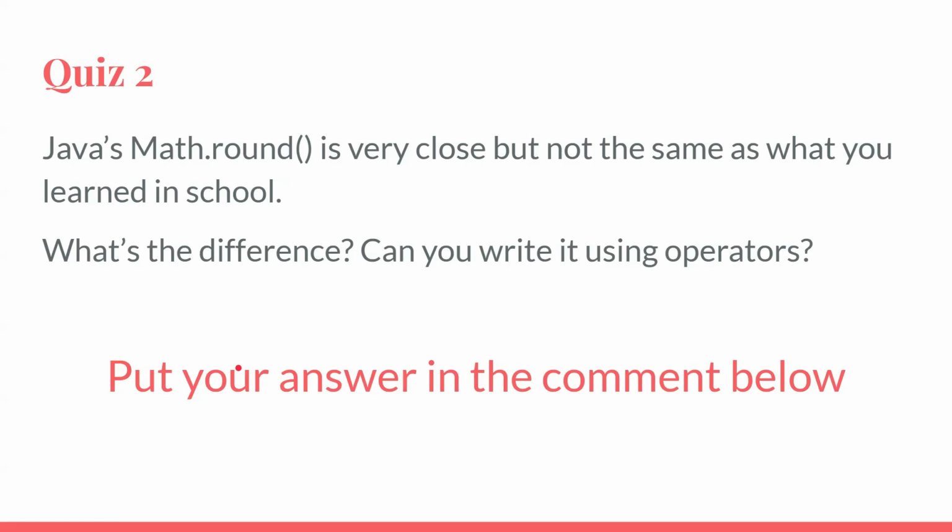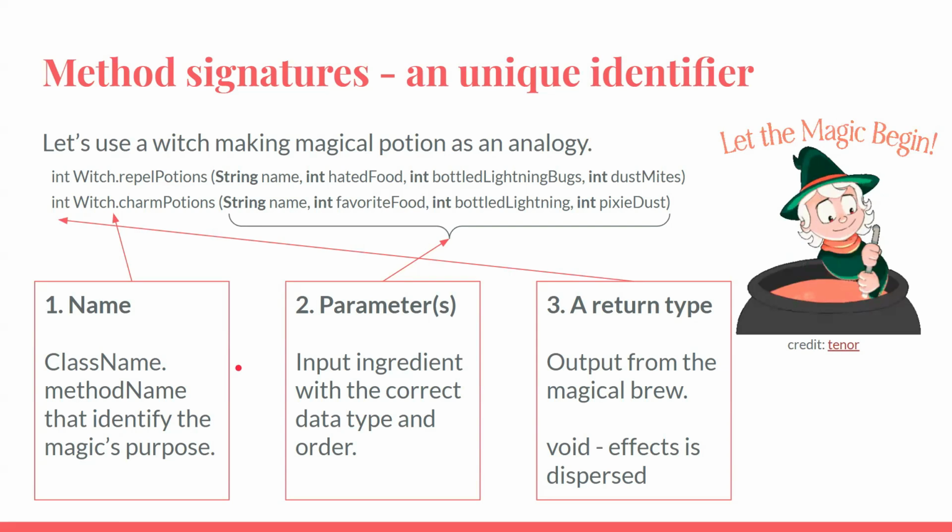It's confusing if you unintentionally encounter the difference. For quiz number 2, do a little bit of research and figure out what's the difference between the rounding provided by Java versus the one you learned in school. Once you figure out the difference, can you write a conditional operator that performs the rounding you learned in school in the comments below? Let's zoom out.